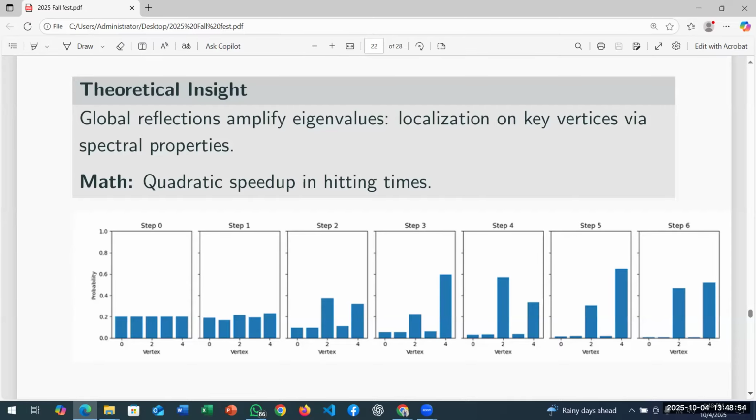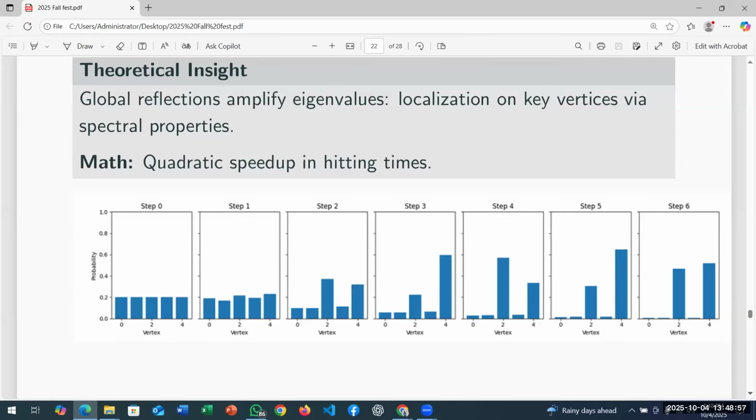So this tells us the difference between the coined quantum walk and the Szegedy quantum walk. Szegedy also brings about a quadratic speedup in hitting times. Hitting time is the number of steps required to move from one node to another.